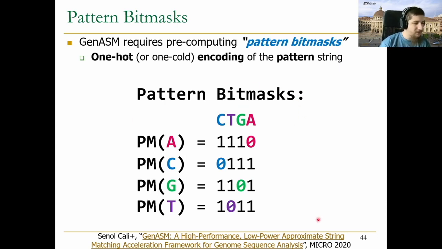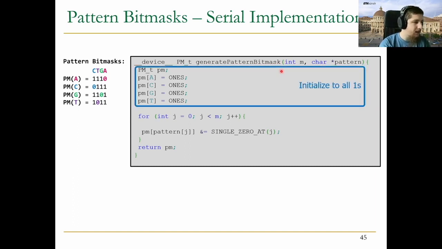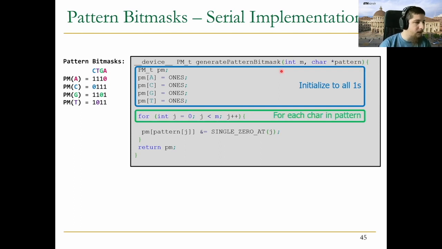Now the challenge here is how do you efficiently compute these bitmasks? What you certainly could do is some kind of serial implementation. You first initialize all bits to ones, then you go over every character in the pattern, and for each character set the appropriate bit in one of these bitmasks to a 0.